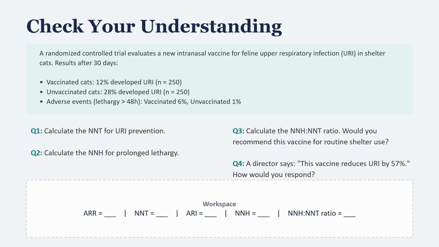So for every 6 cats you vaccinate, you prevent 1 URI. On the other side, about 5 in every 100 vaccinated cats will have prolonged lethargy, so 1 in every 20. Overall, the benefit-harm ratio is favorable for a shelter with high URI burden, and I'd recommend vaccination. But let me show you the numbers so your team understands both the benefit and what to watch out for.